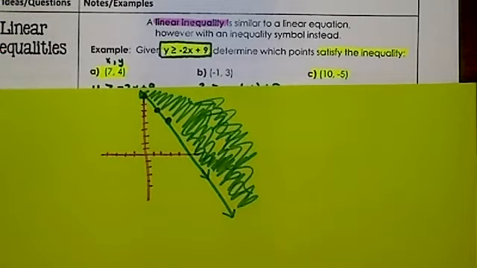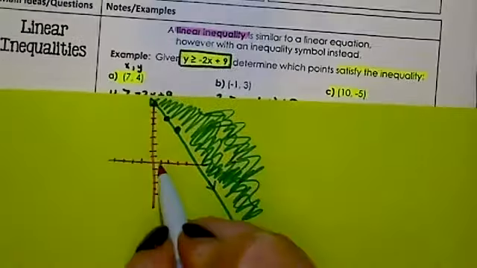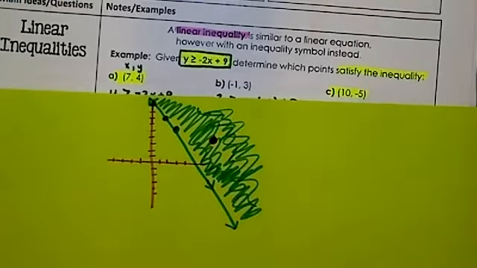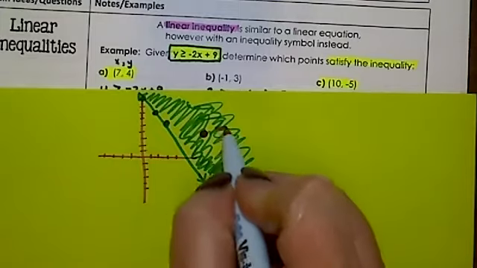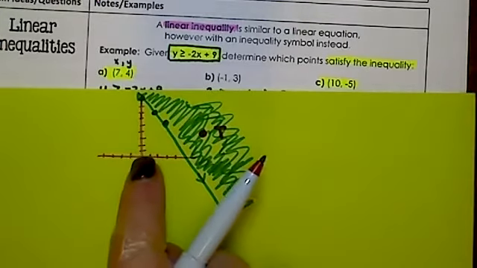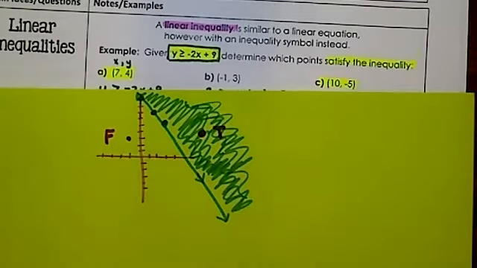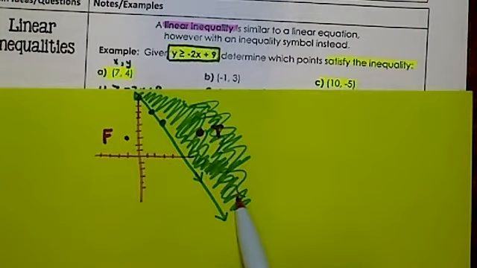So if you go back to the ones that we said were true and false, if you look at 7, 4, it would be right there, so it would be in the shaded area. The one we said was false was negative 1, 3. That's not in that area. And then 10 would be somewhere out here, and then negative 5.